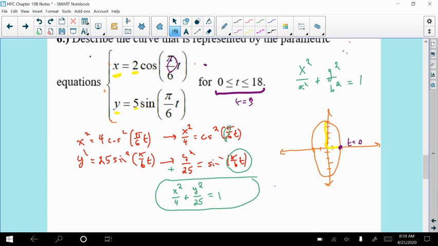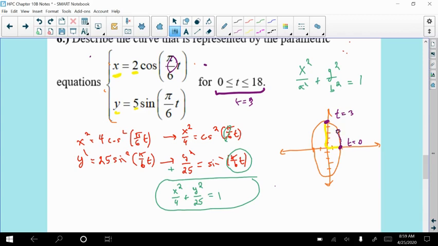And so that was an easy way for me to do that. Cosine of pi over 2, which is cosine of 90, is 0. And then here, the sine is 1 at pi over 2, and 1 times 5 is 5. So I know at t equals 3, I'm up here. So it started here, and I'm going up in this direction.